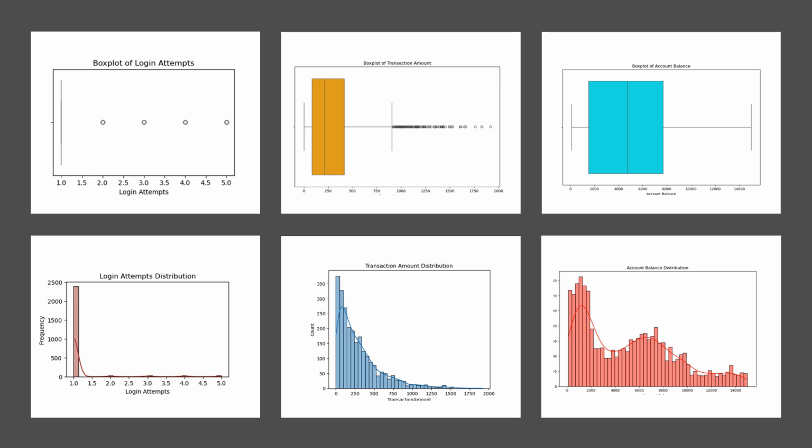In this slide, we take a look at some visuals for some of the key variables. The top row represents box plots for login attempts, transaction amount, and account balance. A box plot shows us any potential outliers. As we can see, for login attempts, anything above 1 is considered an outlier.